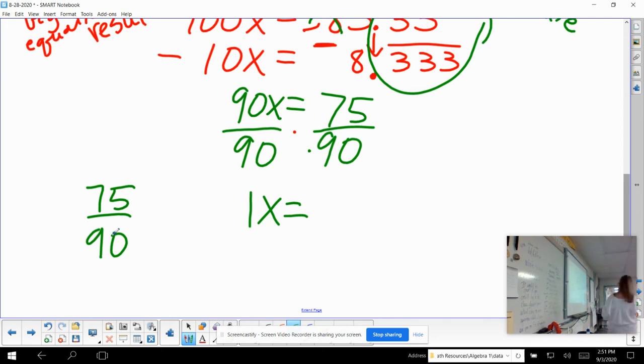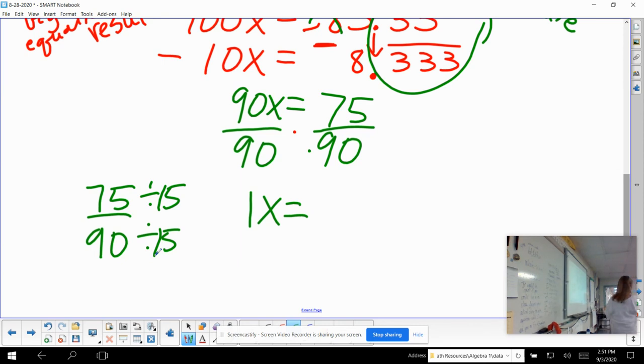So what can we squeeze out of these guys? A 3 and a 5, we can squeeze out a 3 and a 5. No, 15 doesn't go in 75. Yes, it does. It goes in 5. Good job.